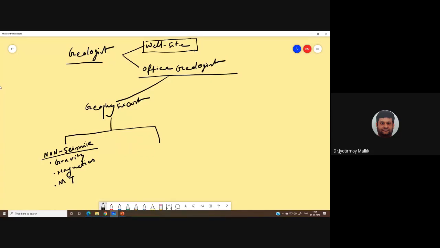And then seismic people, of course. Seismic people can be subdivided into seismic acquisition, where you acquire the seismic signal, seismic processors, and of course you have seismic interpreters.